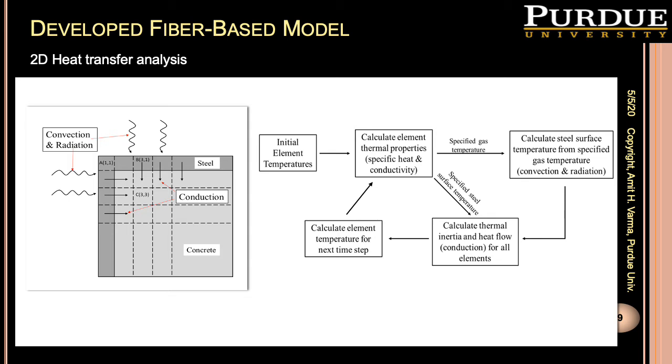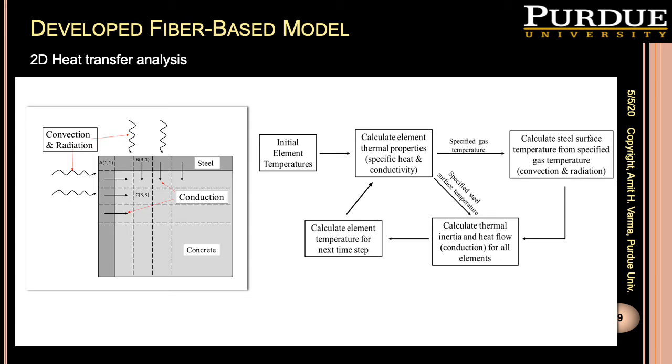The first step of this heat transfer analysis is calculating the surface temperatures, which are assumed constant along the height of the member. So the calculated section temperatures are true for the entire section. A flowchart of the thermal analysis algorithm is shown on the right for each step.